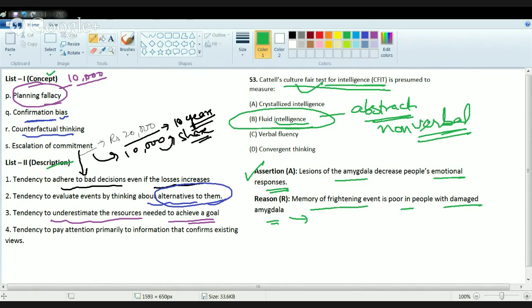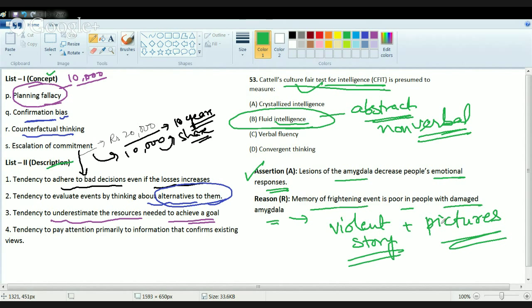For example, there is a patient whose amygdala is damaged and he's told a violent story along with pictures. So what would happen here is he would not remember that story and its relation to the pictures as well as a normal person would.